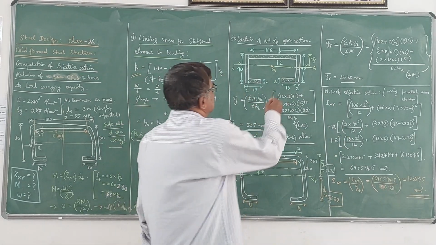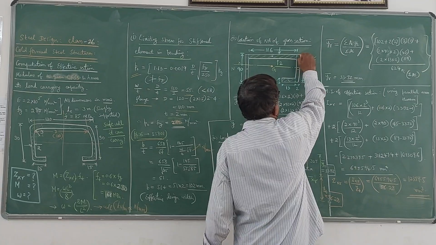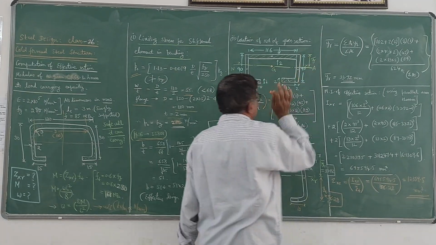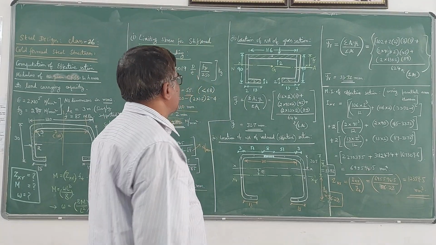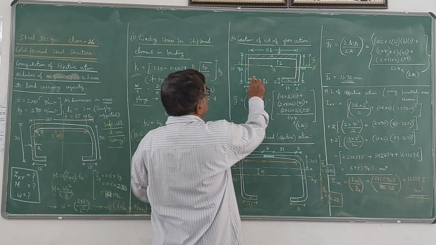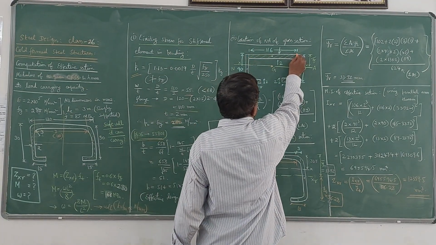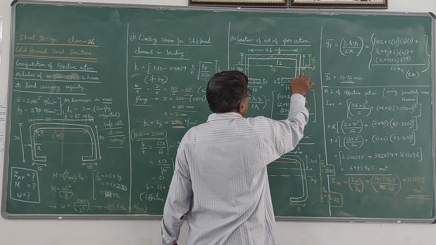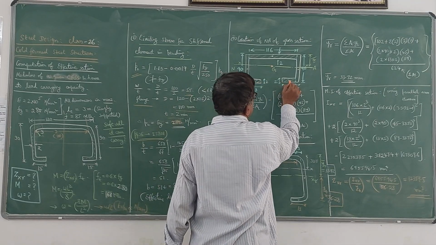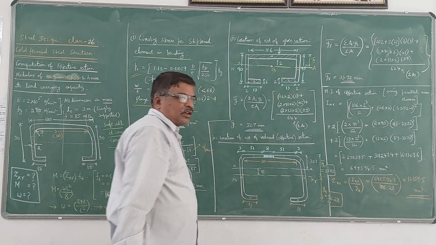So I will take this distance of this G from the top fiber as y bar, and using the concept of centroid, you can calculate that y bar distance by splitting this into one rectangle, one rectangle, and these two webs as two rectangles, and this lip portion as the third part of rectangle.